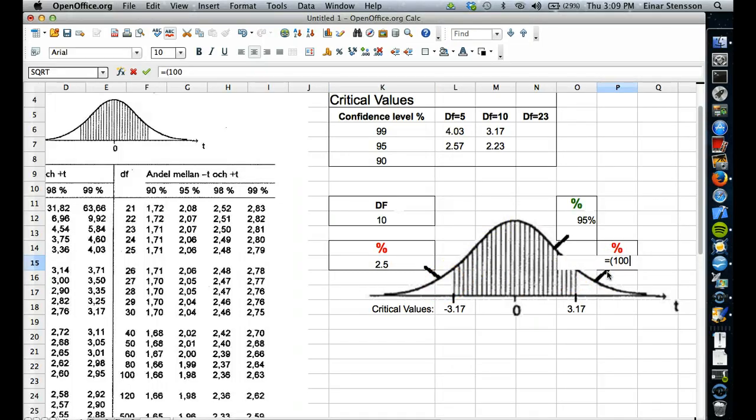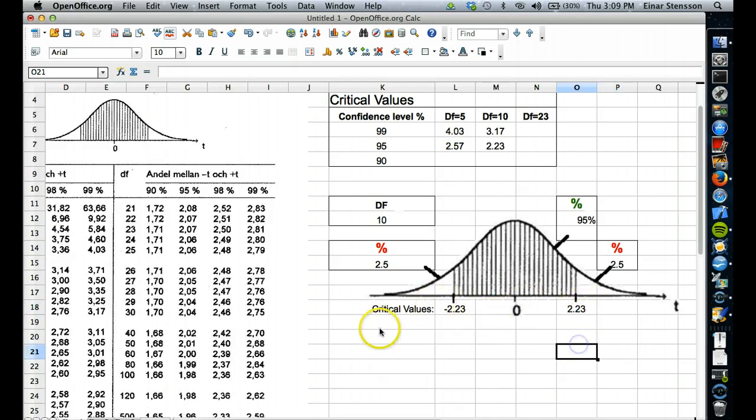Then 100 minus 95 divided by 2, I get 2.5% in this tail, and the critical value is 2.23 here. And this is the negative version, so negative 2.23 and positive here, because here the critical t-value is below 0 and here it is above 0.